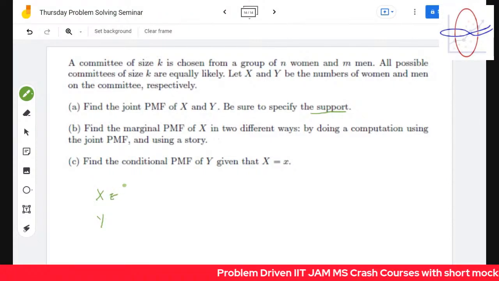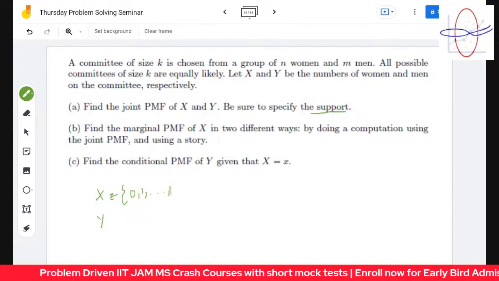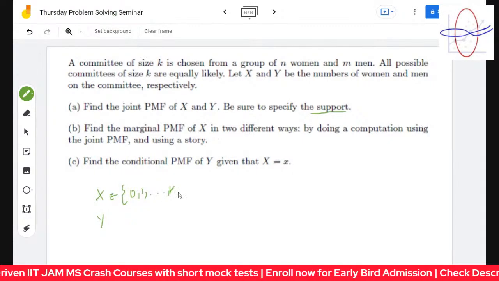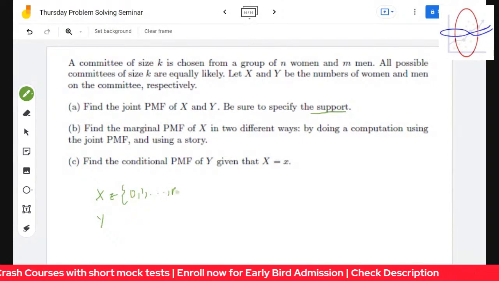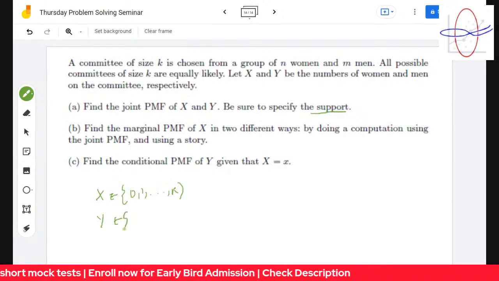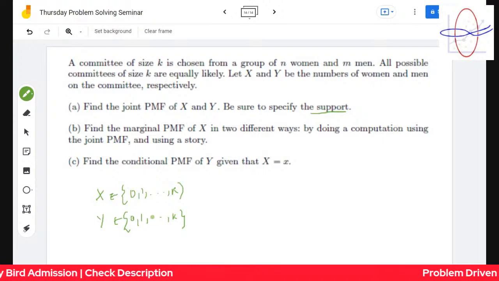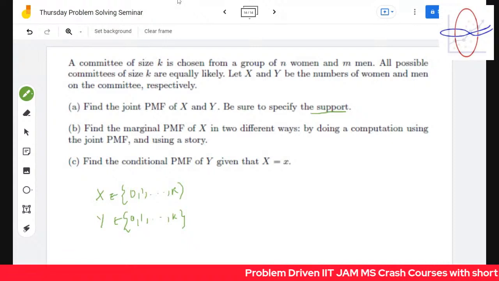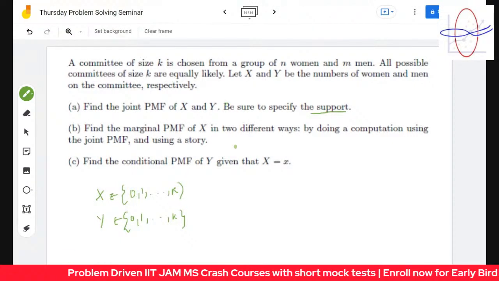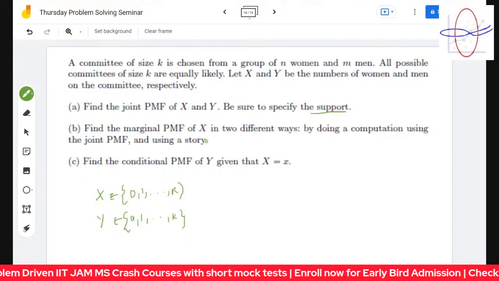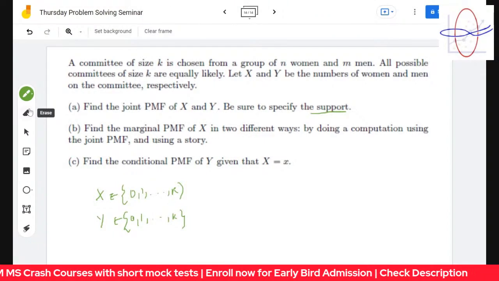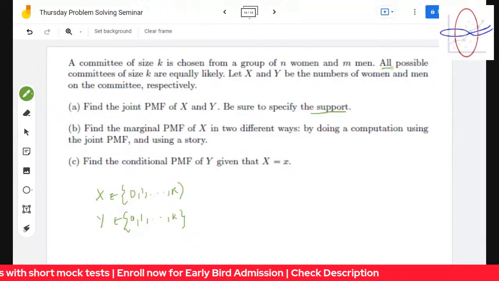X can take values 0, 1, up to k, and Y can take values 0, 1, up to k, right? X and Y can take these values only, right, guys? All of you understood this? No, there is no given condition over here.